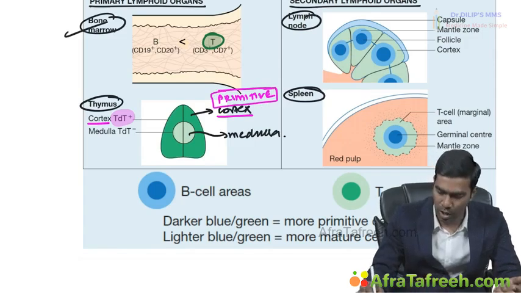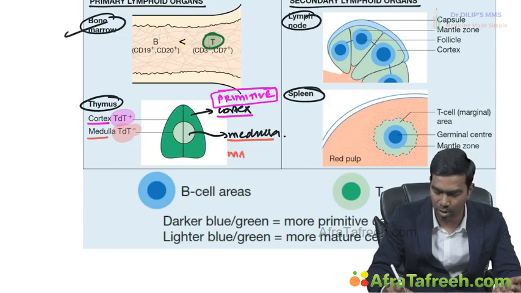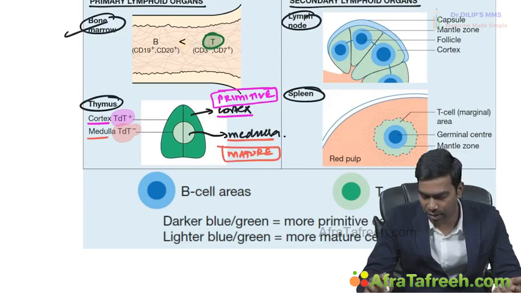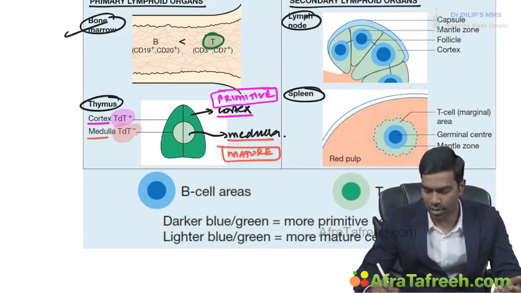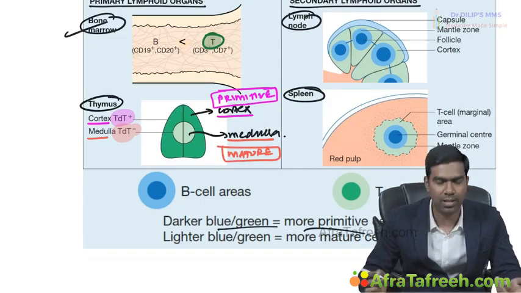TdT negative means they are more mature cells. By analogy, the medulla contains more mature T cells compared to the cortex. This is very, very important. That's why it's shown in dark blue and green for more primitive cells, and light blue and green for more mature cells.